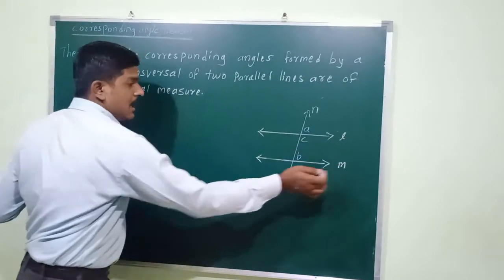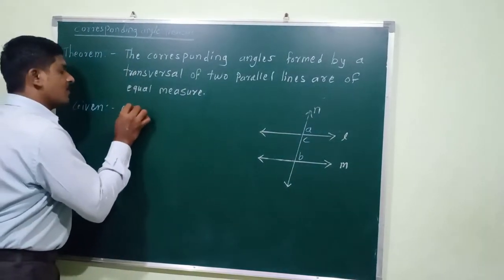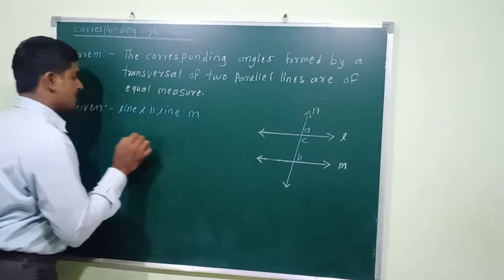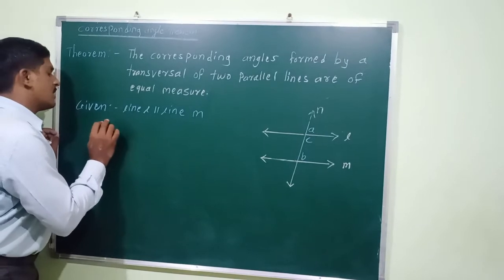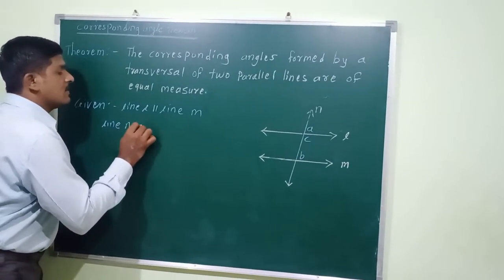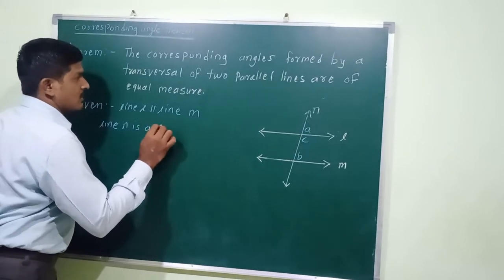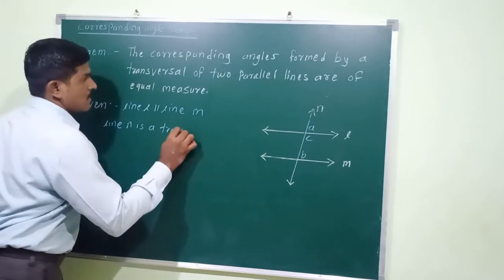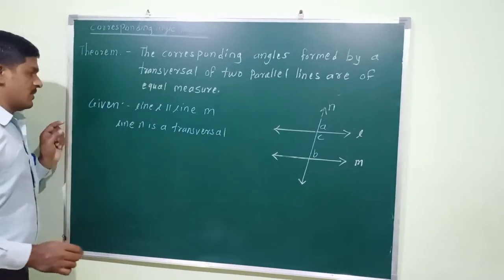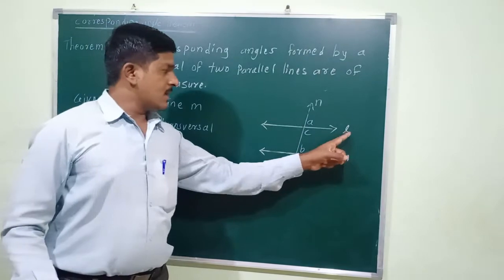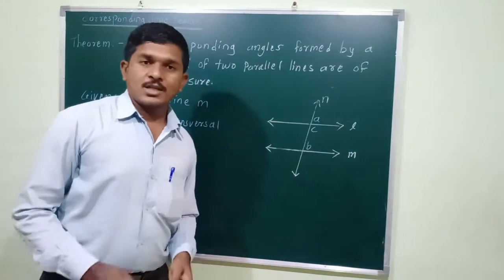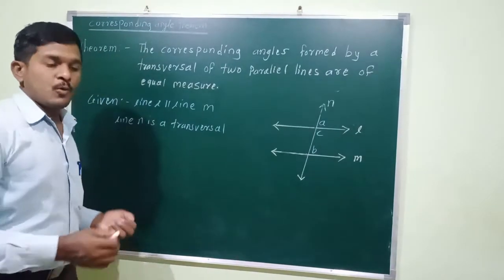Line L is parallel to line M, and line N is a transversal. Line L and M are parallel lines and N is a transversal.